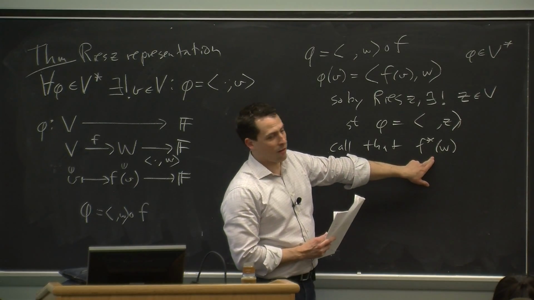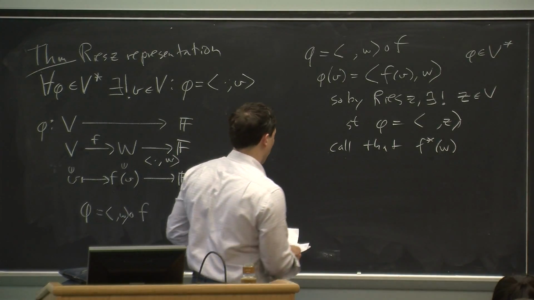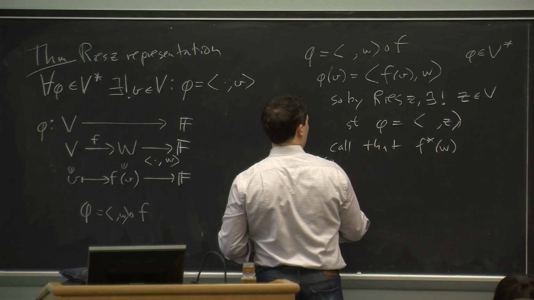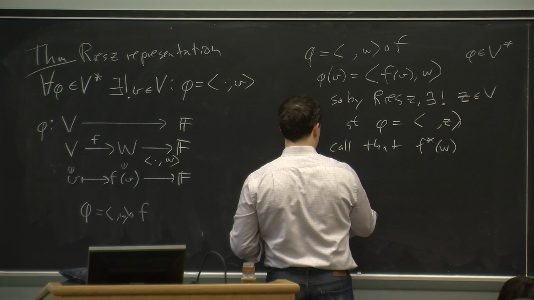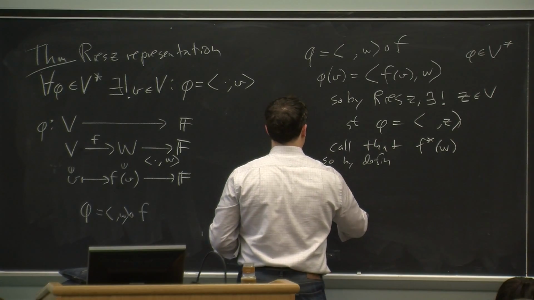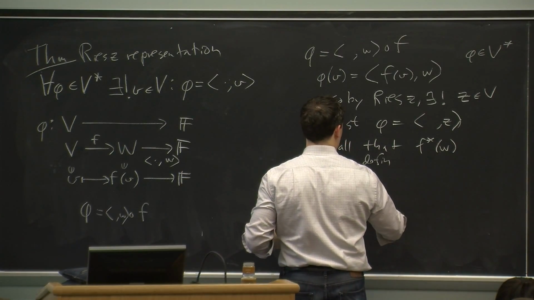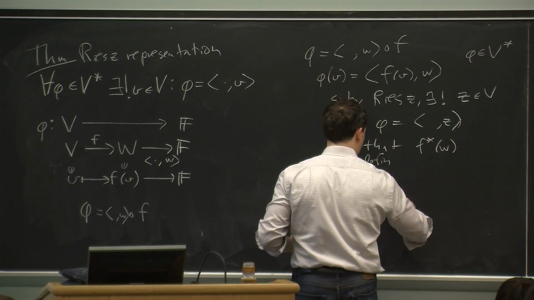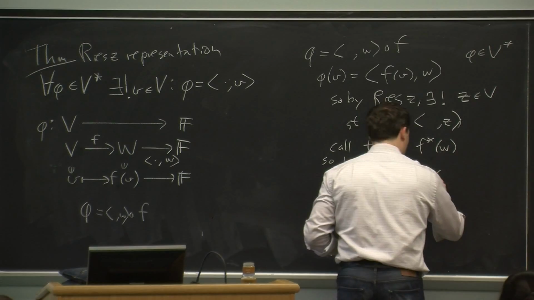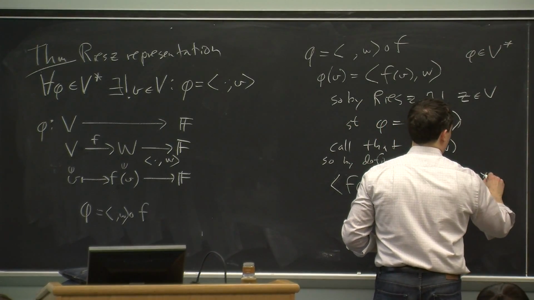Now at this point it's just a function. It's not necessarily linear. But we have, by definition, the inner product of F of v and w, and that inner product takes place in W, is equal, by definition of this, to the inner product of v and F star of w.